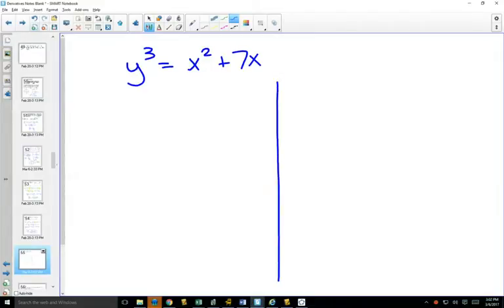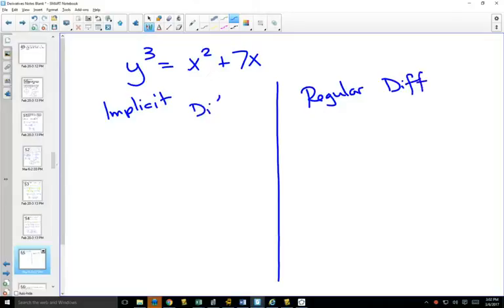And right here on this side, I'm going to find the derivative with implicit differentiation, and on this side, I'm going to find it with regular differentiation. So implicit differentiation says take the derivative of the whole function.